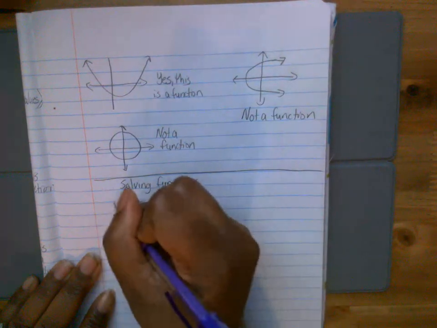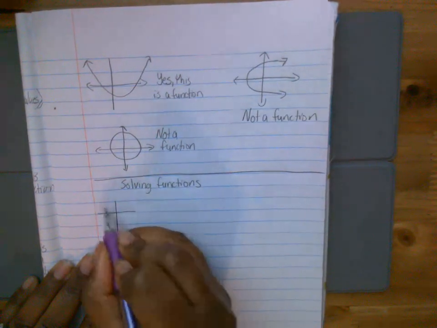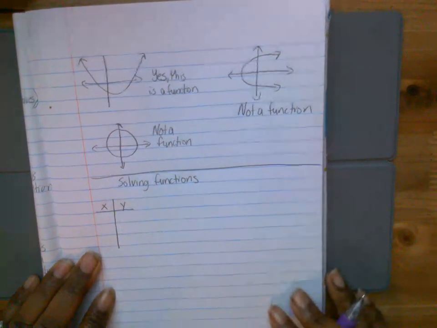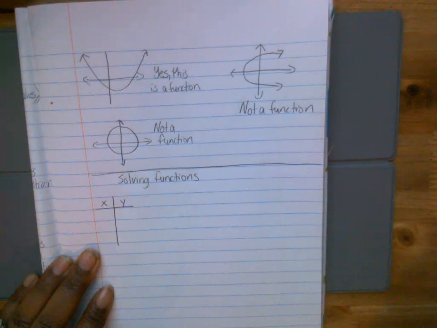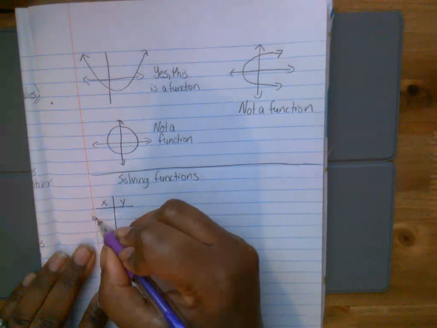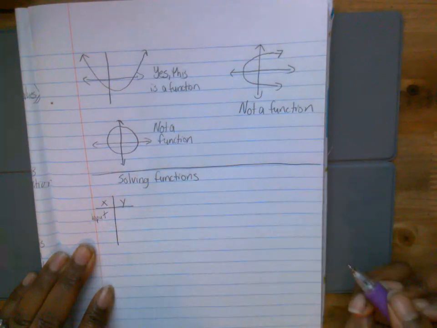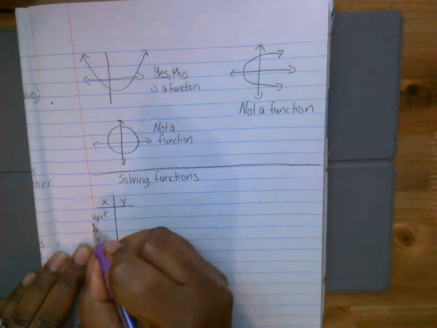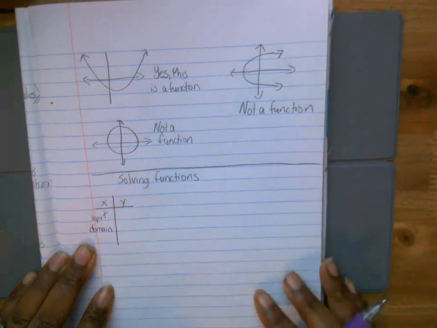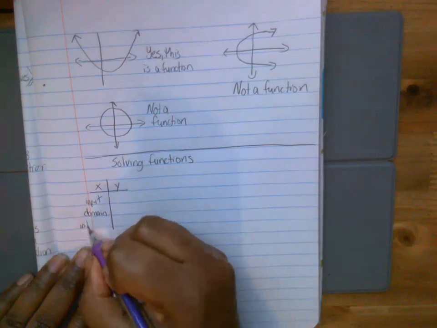But before you solve a function, you need to know the different names for X and Y. For X, you can have input, you can have domain, and you can have independent variable.